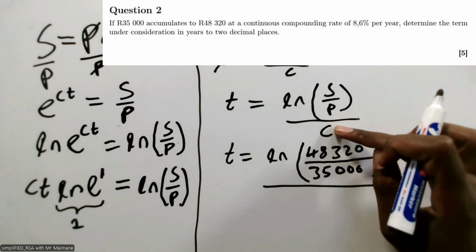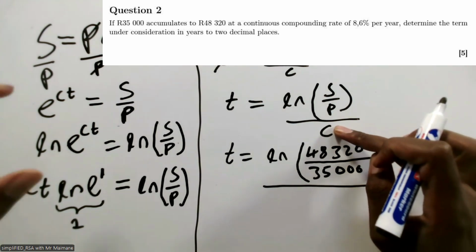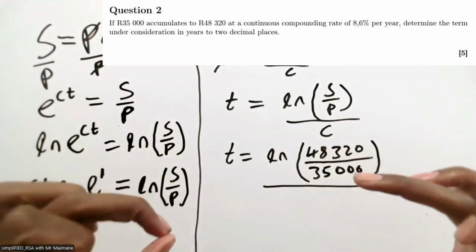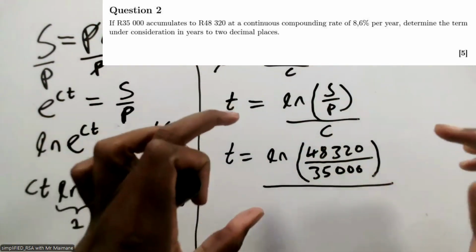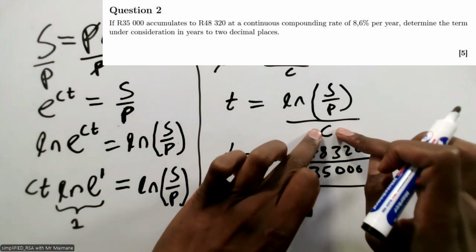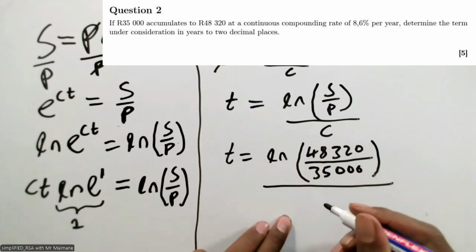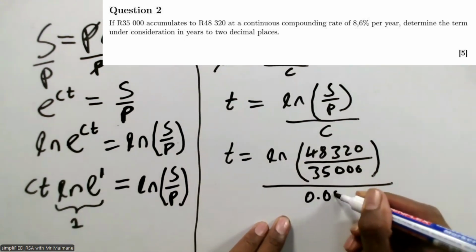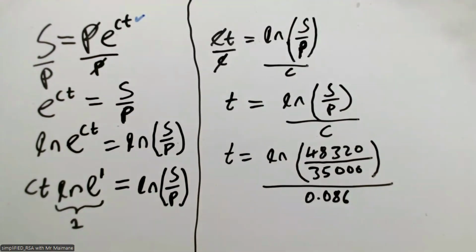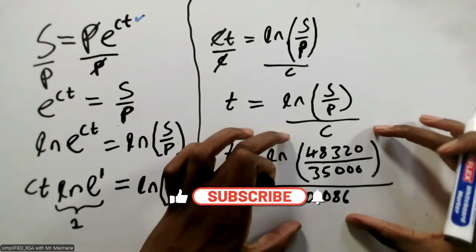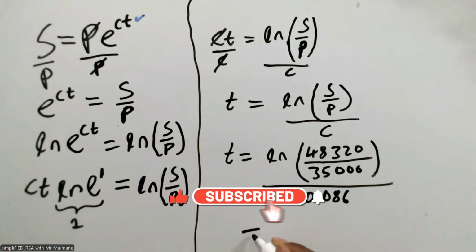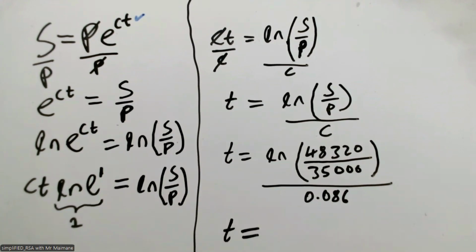But since I have to represent this in years, and any other time I'm using any of the formulas under financial mathematics, I must make sure the interest rate is divided by 100 before you substitute. So 8.6 divided by 100 is going to be 0.086. Then you can key the whole value in on your calculator as it is to determine T.